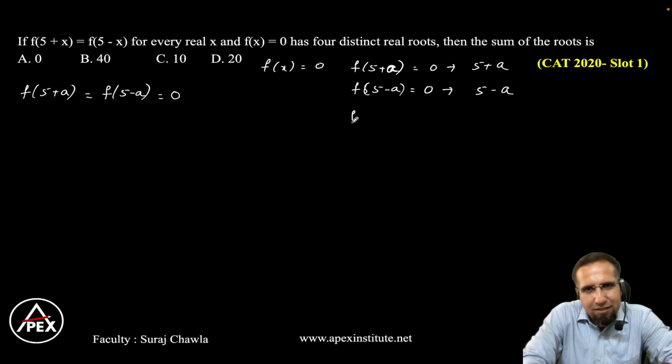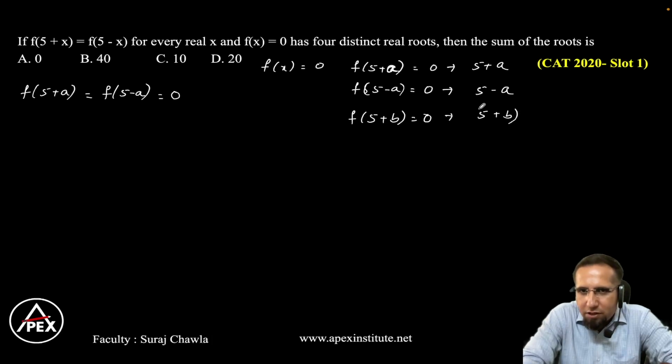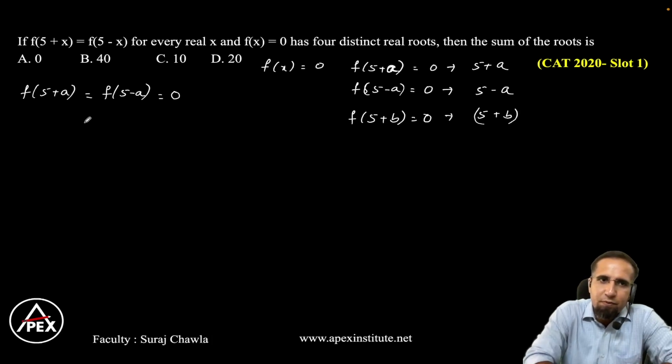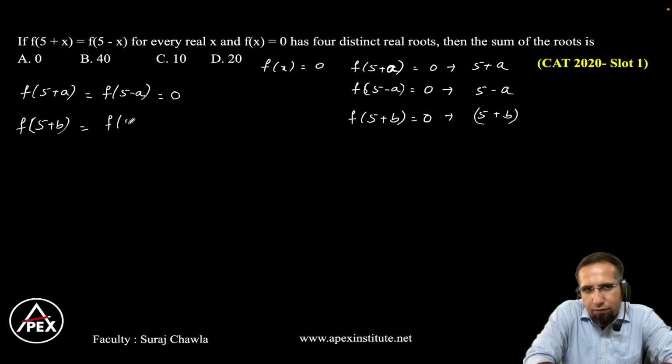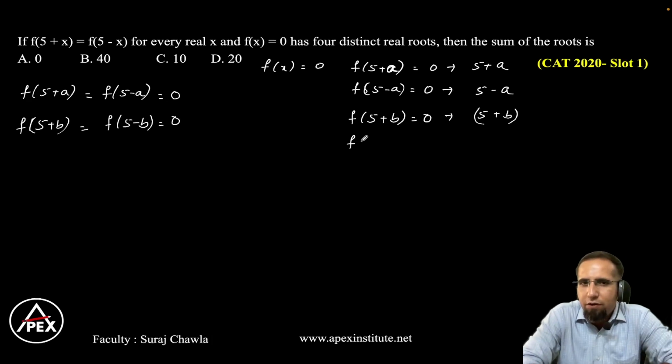So can I write similarly f of 5 plus b is also equal to 0? If f of 5 plus b is also equal to 0, that means 5 plus b becomes one of the roots. Now f of 5 plus b should be equal to f of 5 minus b, which is again equal to 0. So can I eventually say f of 5 minus b is also equal to 0, or this implies 5 minus b is also one of the roots.